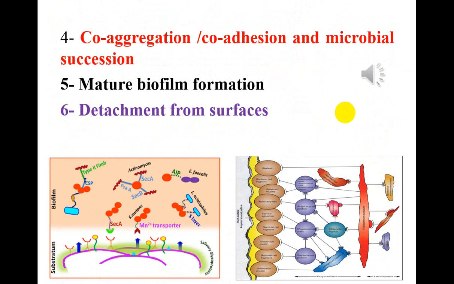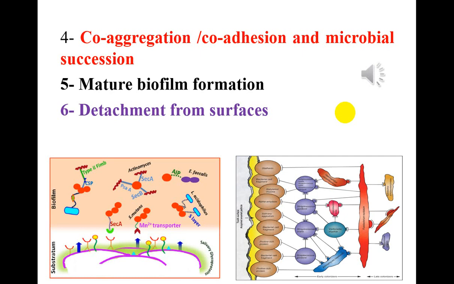Within 7 days, the pioneer bacteria will create an environment that attracts other types of bacteria, and there will be a gradual replacement of the already existing bacteria to allow for other species to adhere and to grow.